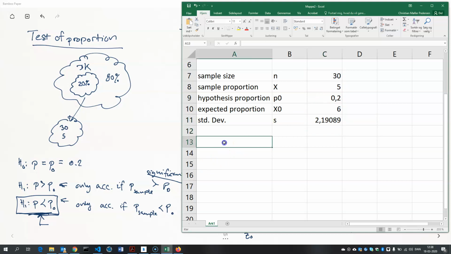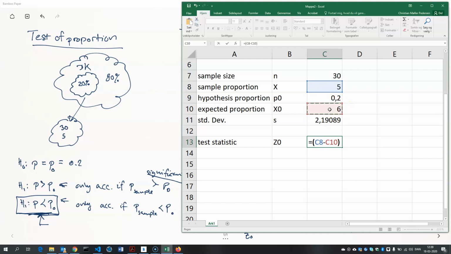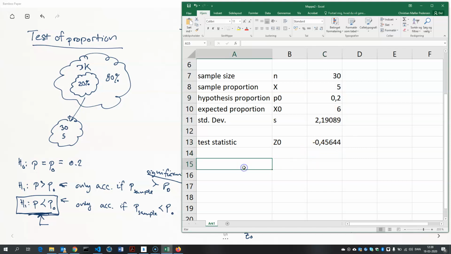There we have it. And now we can compute the test statistic. Call it z0. And that's just the result minus the expected, divided by the standard deviation. So that's the test statistic.